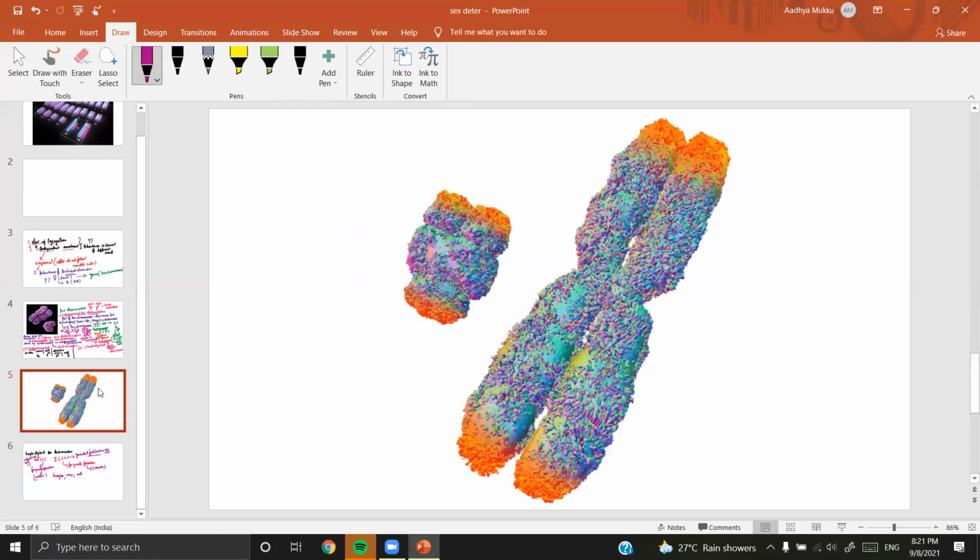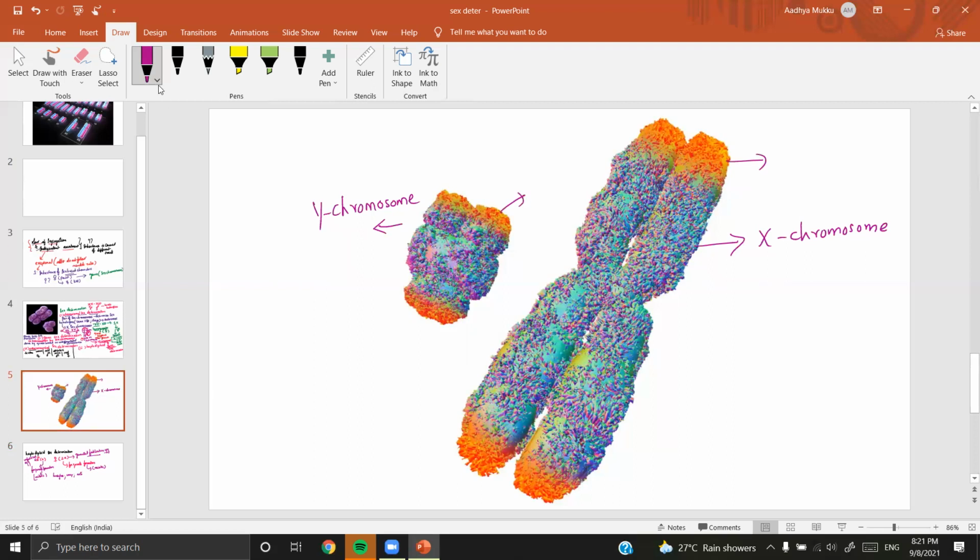Now, coming on to the major topic here, sex determination in humans, the one that you're seeing here is going to be a Y chromosome, and the huge one is going to be the X chromosome. Remember that here you can see some typical structures.